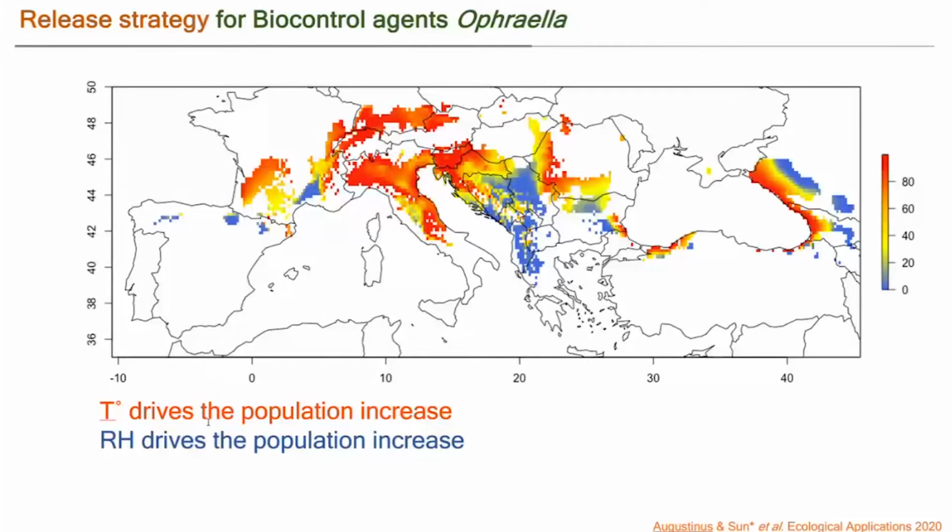If it's temperature driven, we should probably consider releasing much larger numbers in the spring to help us build up the population size faster. If it's driven by relative humidity, I think it's better to do more repetitive releases.